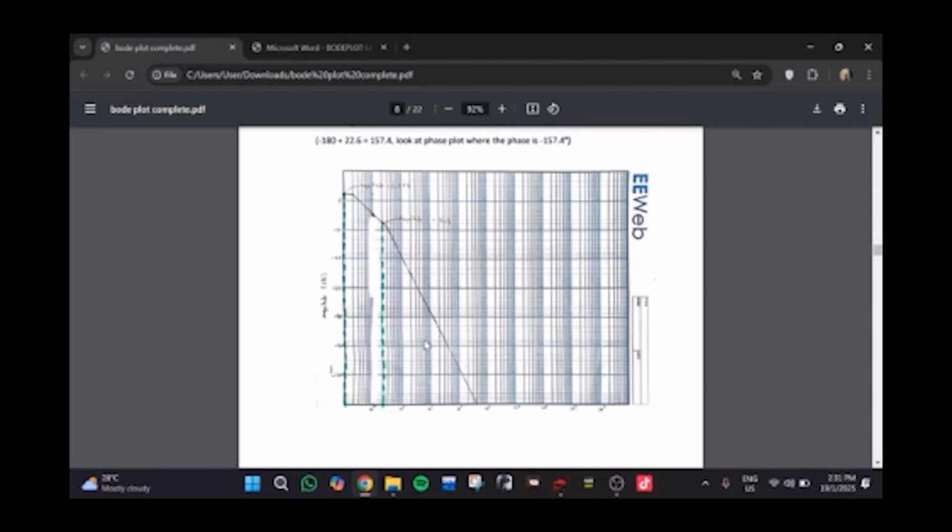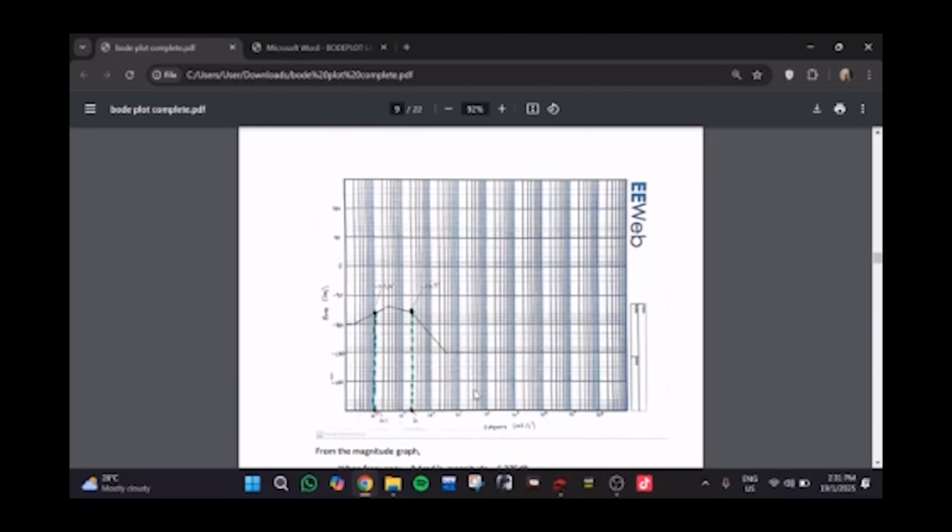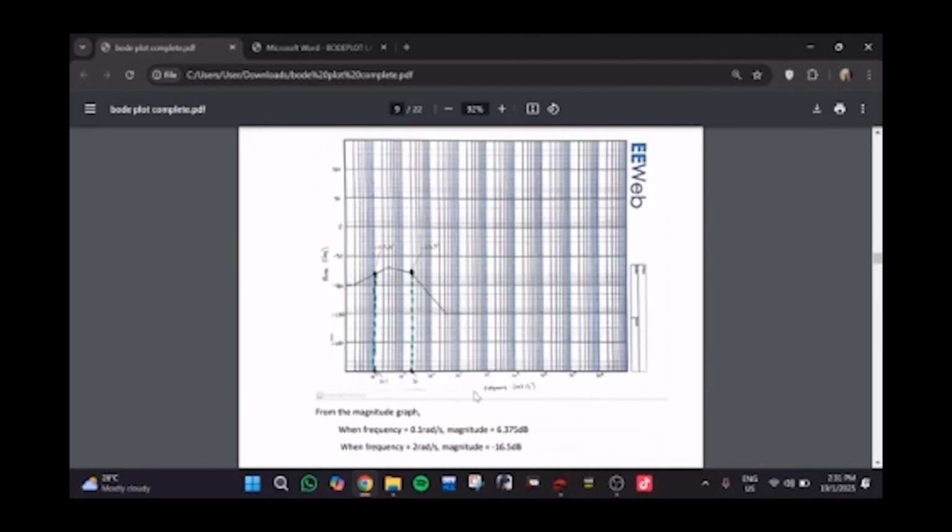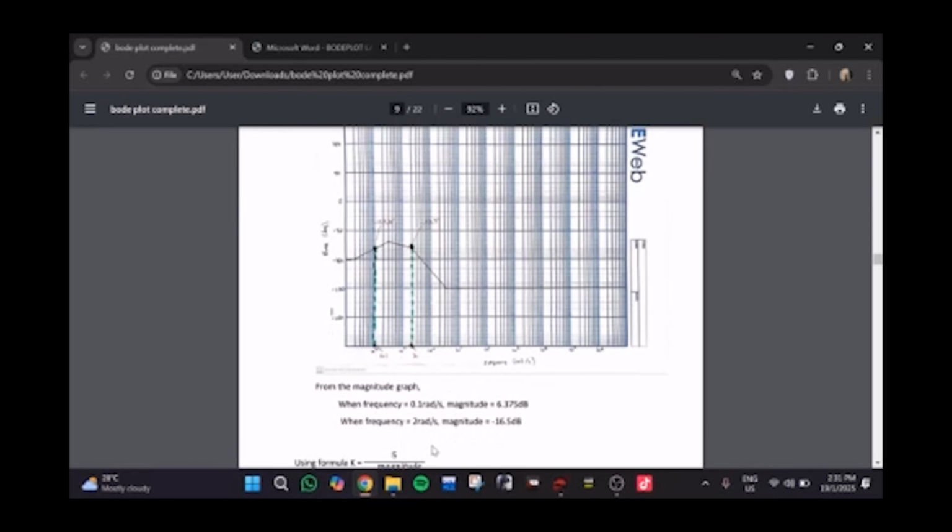So as we can see, the drop here is from the magnitude graph. When the frequency is 0.1 radian, the magnitude is 6.375 dB. When the frequency is 2 radians, the magnitude is negative 16.5 dB.